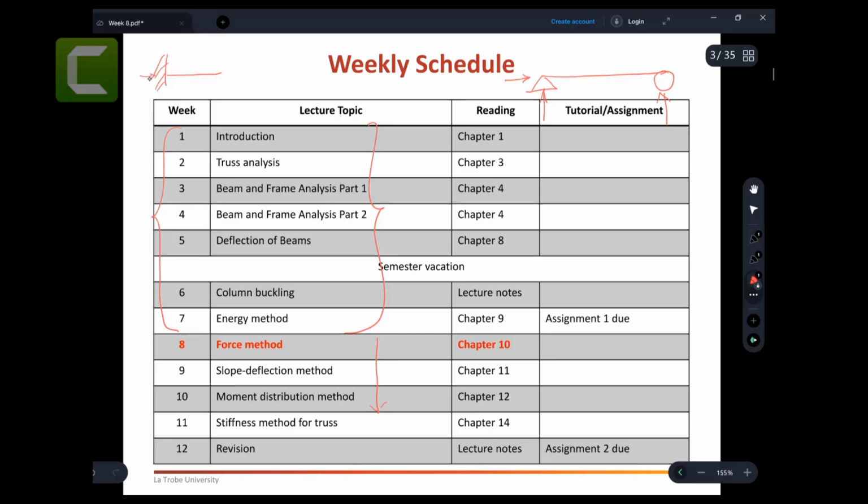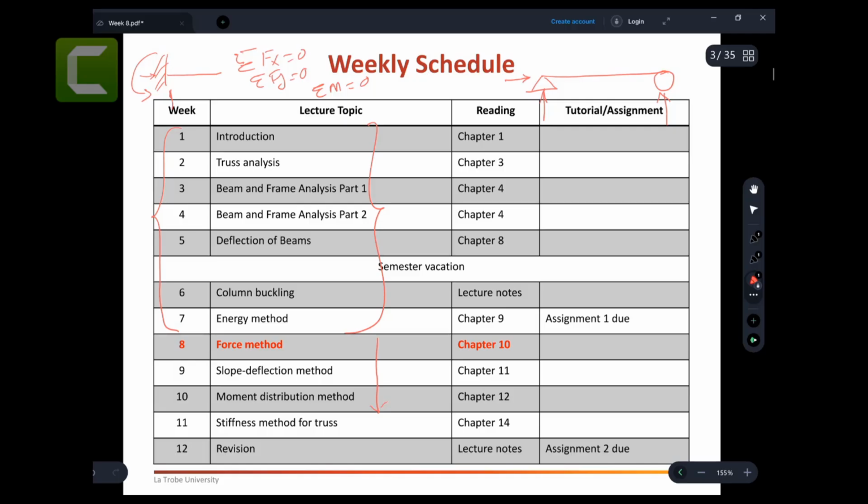For example, here as well, you have 3 unknown reaction forces, and you have 3 equilibrium equations: the sum of the forces in the x direction equals 0, the sum of the forces in the y direction equals 0, and the sum of the moments equals 0.